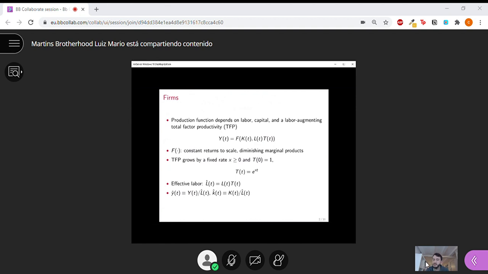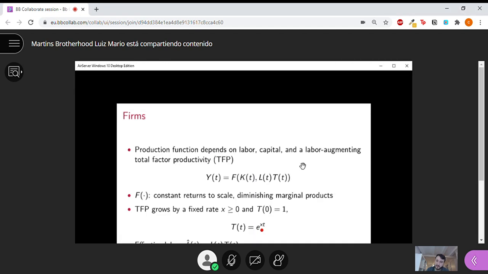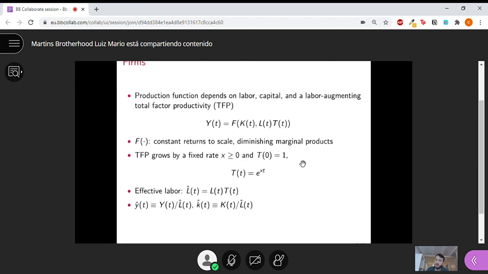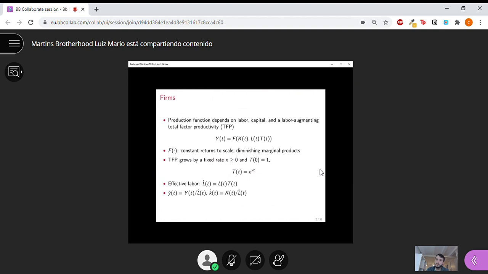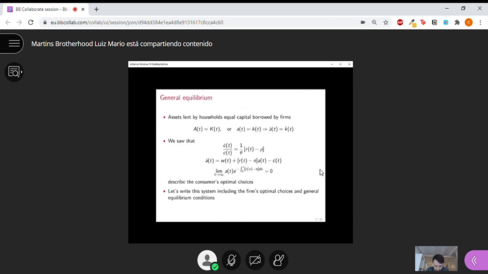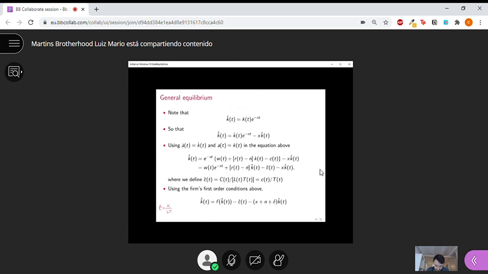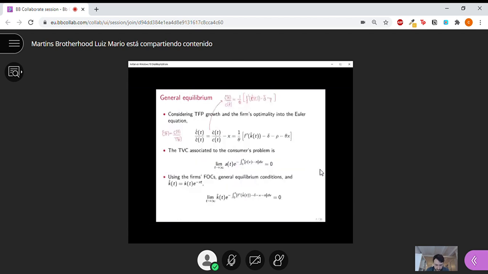Okay, that's a labor augmenting productivity. And it grows by this fixed proportion that we call x, which may be greater than or equal to 0. If you make it equal to 0, you have the model without technological change. This is labor productivity, but we call it technological growth or something like this.